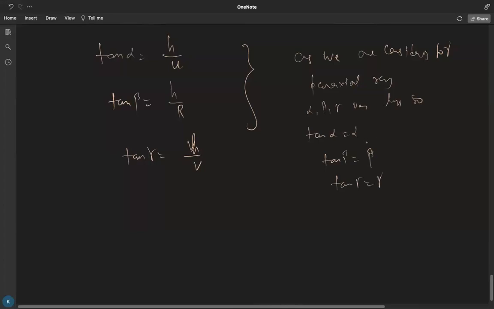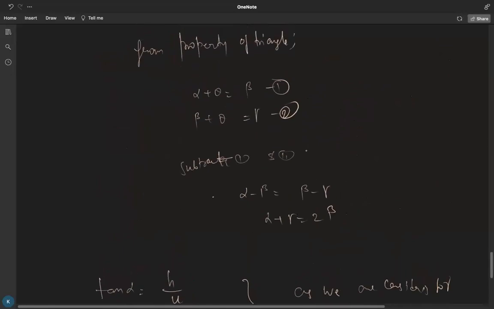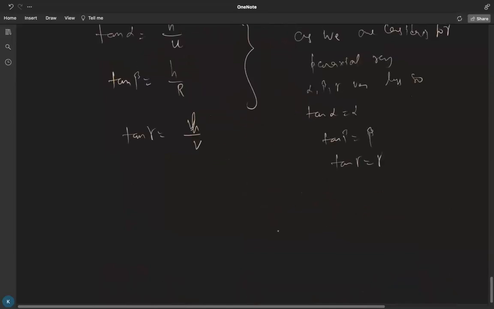We all learn this kind of approximation in trigonometric identities. I hope you are all familiar with it. Now we reached a relation where alpha plus gamma is equal to 2 beta.